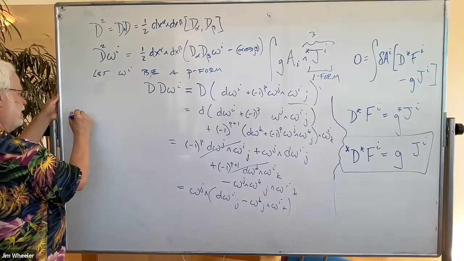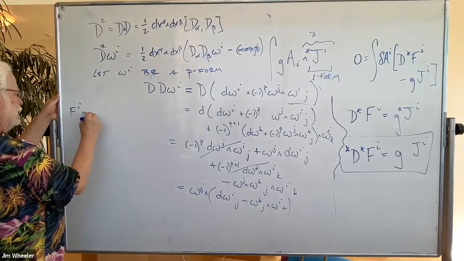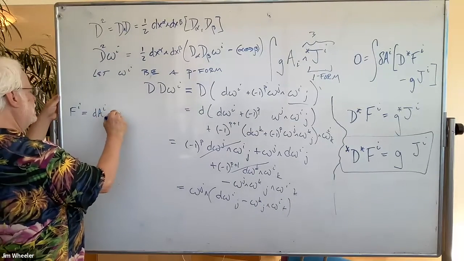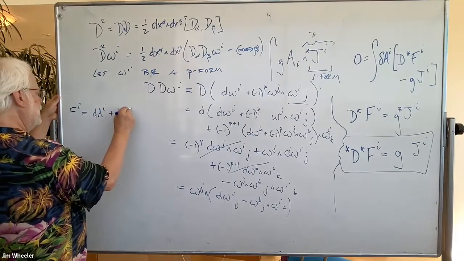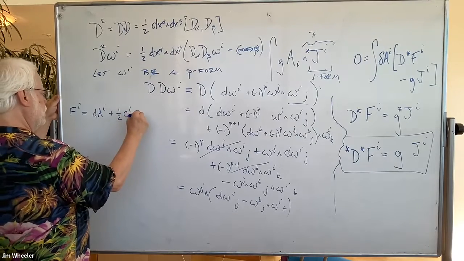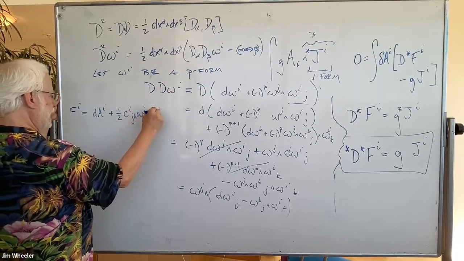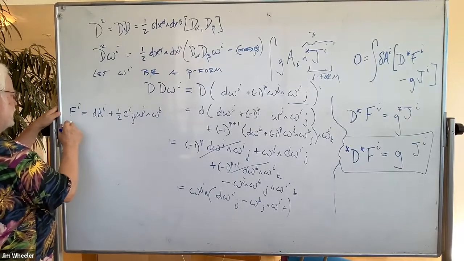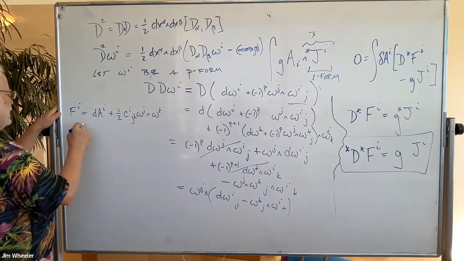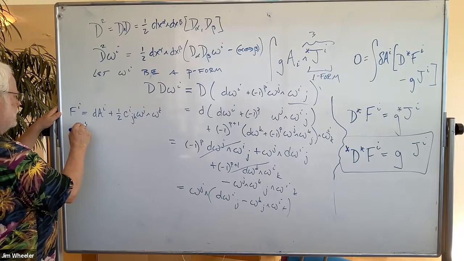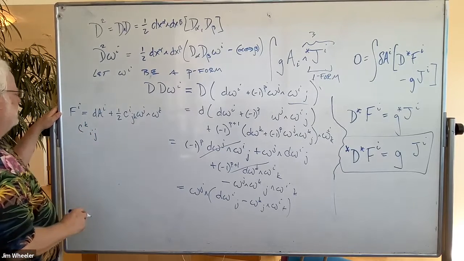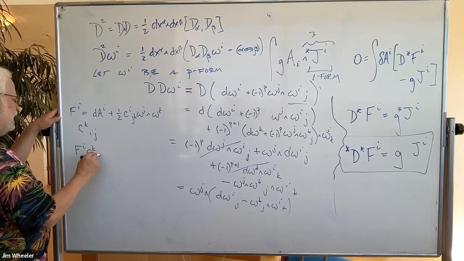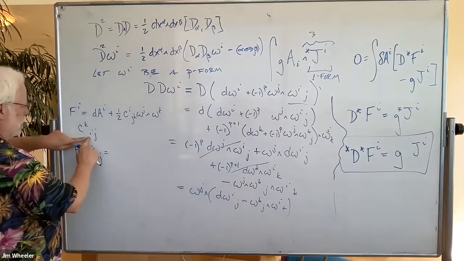Let's see, okay, so F I is D A I plus a half C I J K omega J omega K. And if I put a structure constant on that, let's put C K I J on it. Then F I C K I J is right.